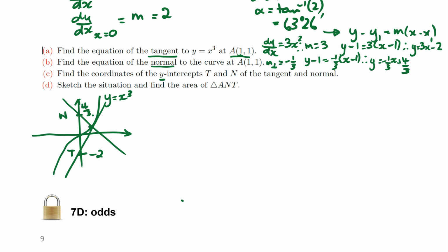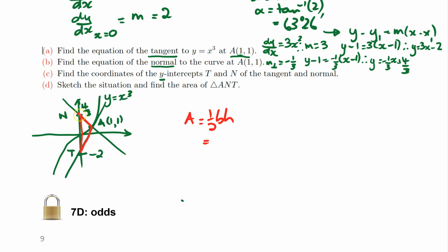And I want the area of triangle ANT, so this point here at (1, 1) was A. So I want the area of this triangle in here. I'll just colour it a little. So for that triangle, the area of a triangle is of course half base times height.